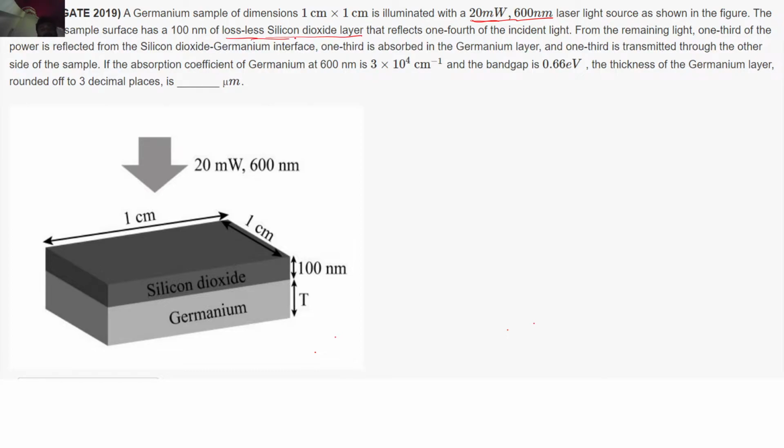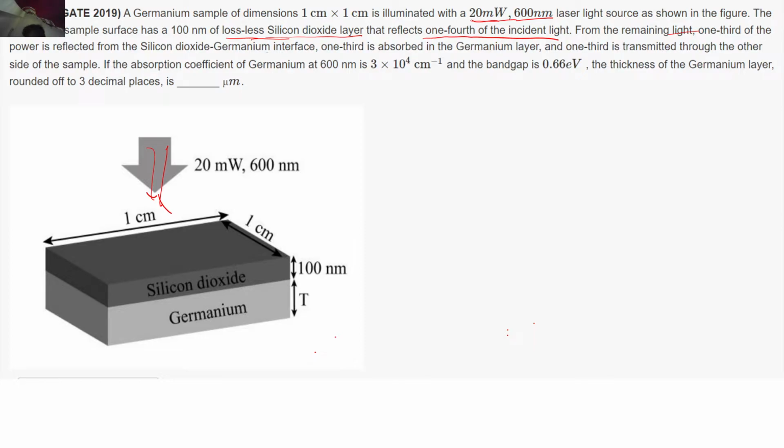So first of all, what is happening? The light is shining from the top, right? First of all, it will hit the silicon oxide surface, and the surface itself is reflecting 1/4 of the incident light, right? Now from the remaining light, 1/3 of the power is reflected from the silicon oxide germanium interface.